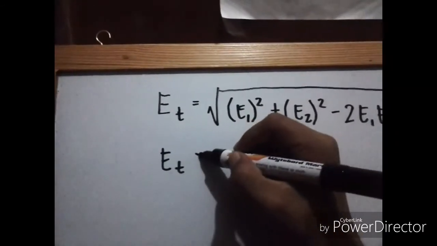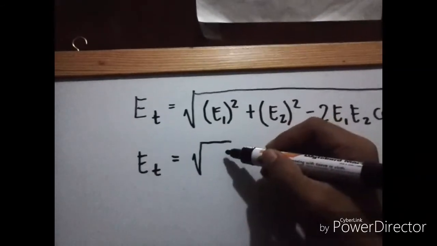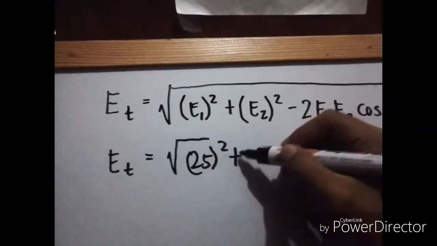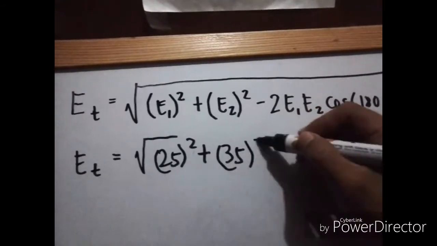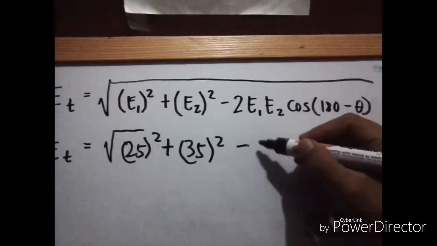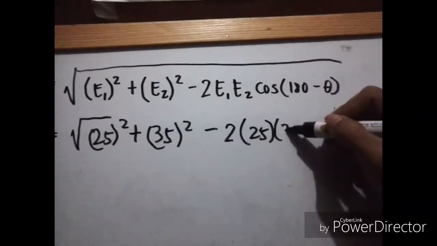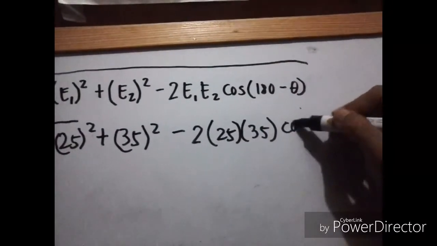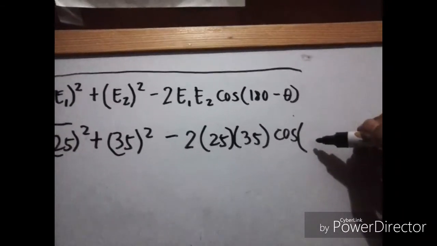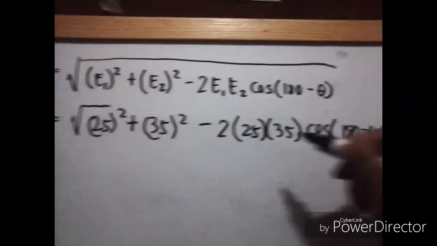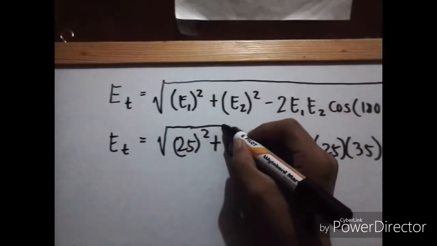E sub t is equal to the square root of 25 squared plus 35 squared minus 2 times 25 times 35 cosine, the phase shift is 60, so 180 minus 60.